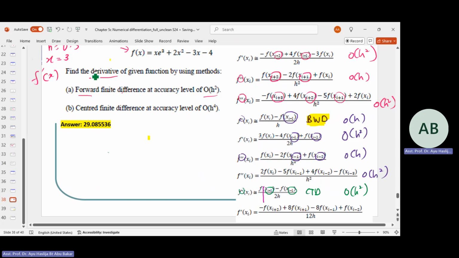So centered, higher level, O(h^4). Yes, it starts with level 2.